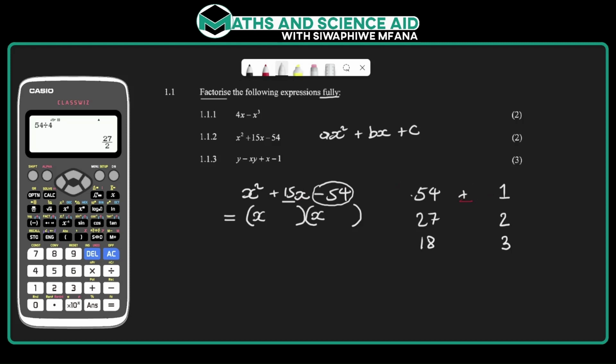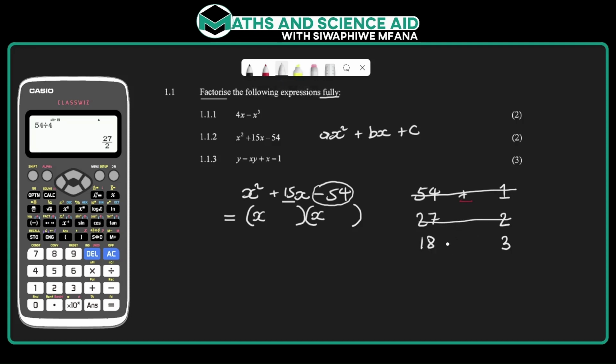So this combination is not going to work for factorizing our expression. And likewise, for this one, yes, we can multiply 27 by 2 to get 54, but there is no way in which we can combine 27 and 2, either through addition or subtraction, to obtain the middle term 15. So this is also not going to work.